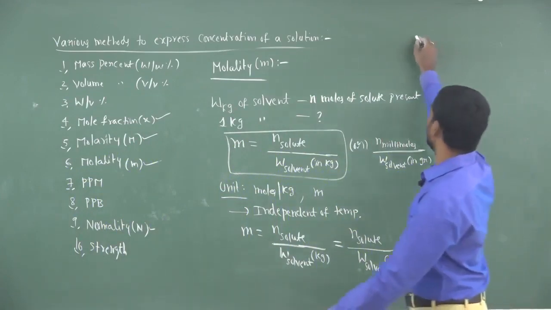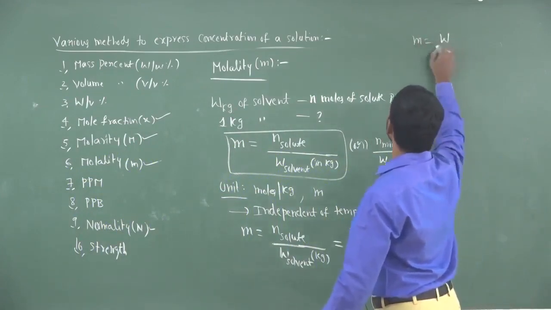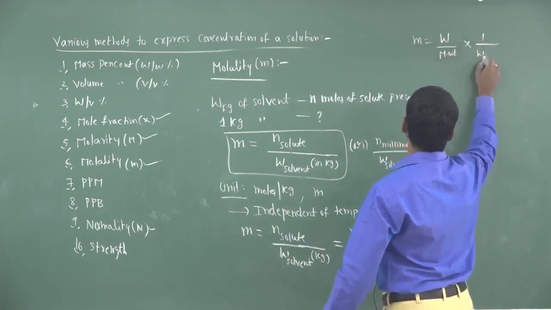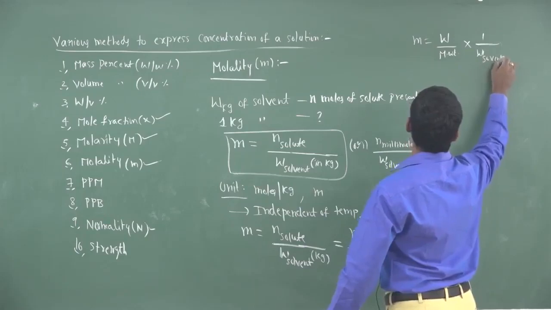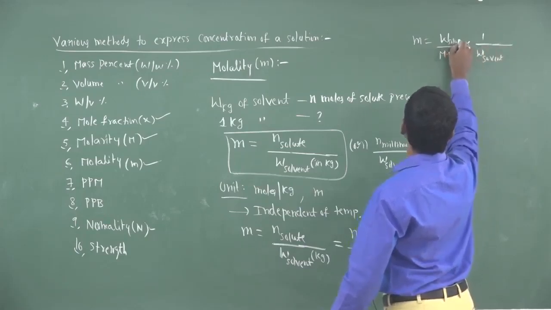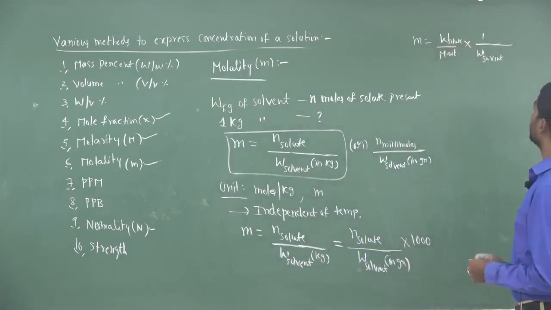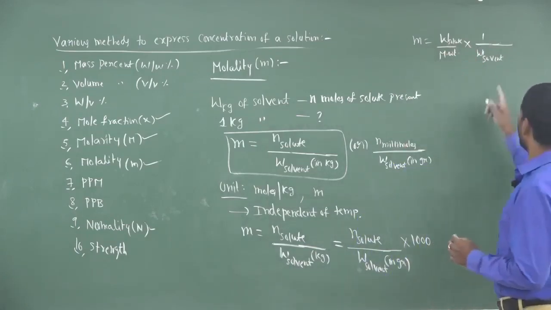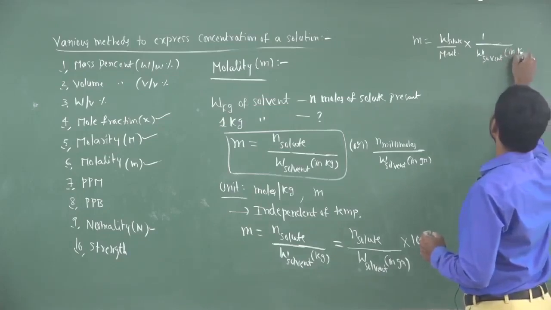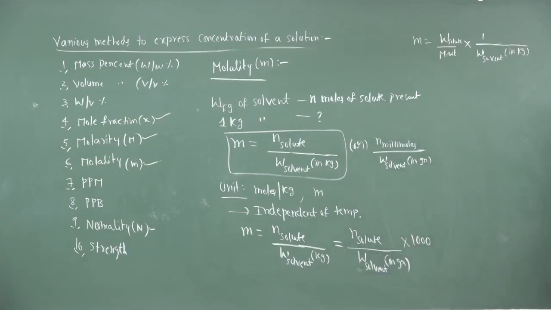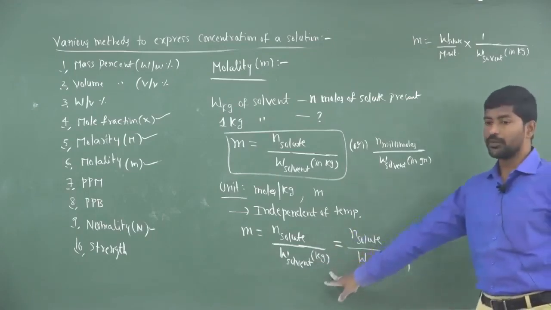Or molality is equal to number of moles, which we can write as weight by molecular weight, into 1 by weight of solvent in kgs. That is, weight of solute by molecular weight into 1 by weight of solvent in kgs.